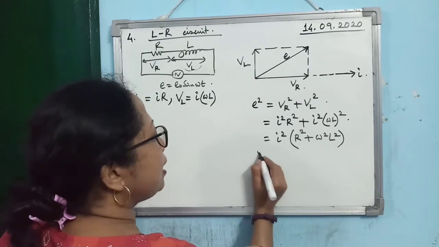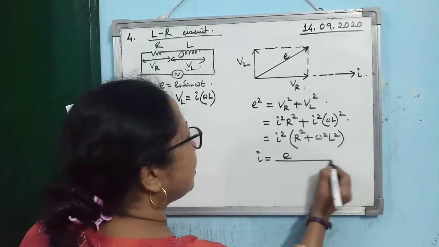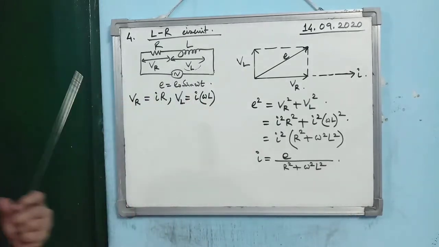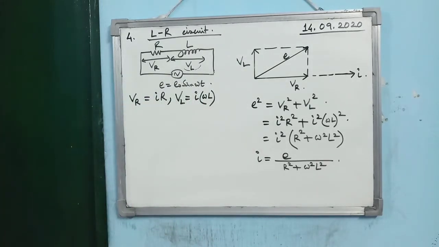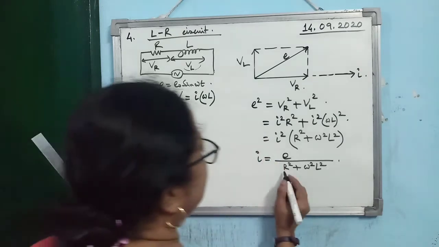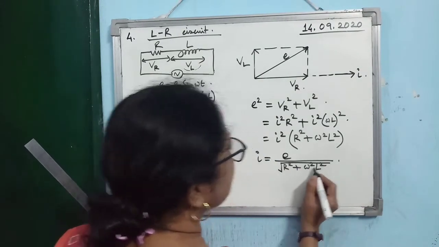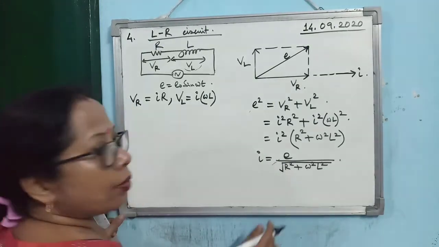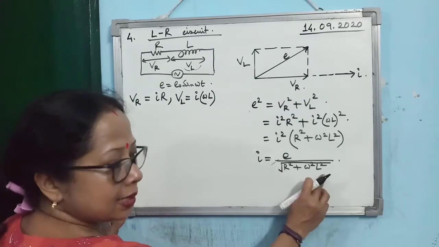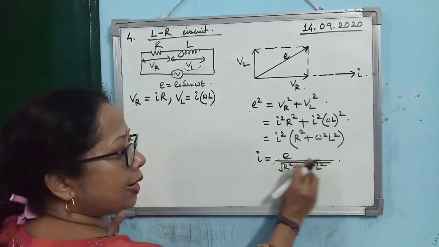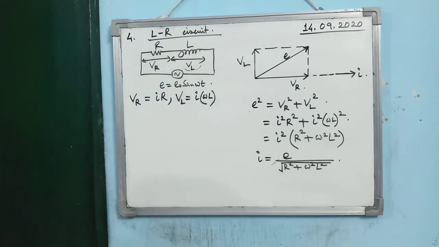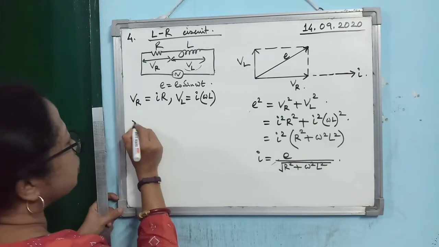So I can be written as E divided by under root R square plus omega square L square, because it was square. According to our concept, current is EMF by resistance, so this is the resistance offered by the combination of R and L to the alternating current.